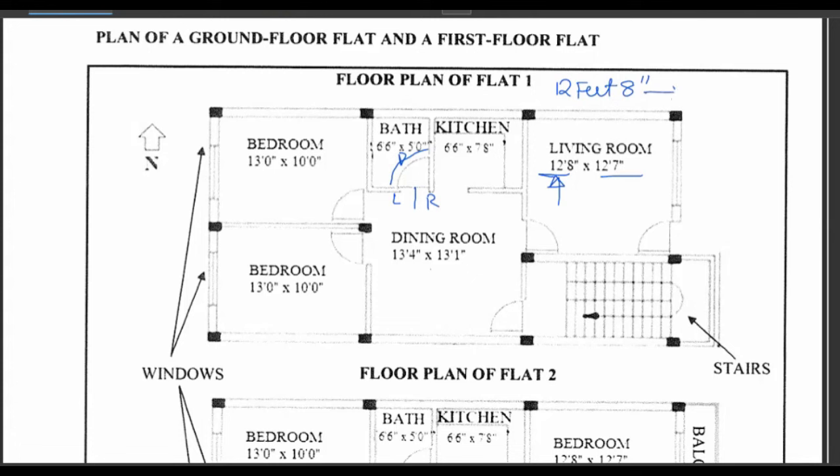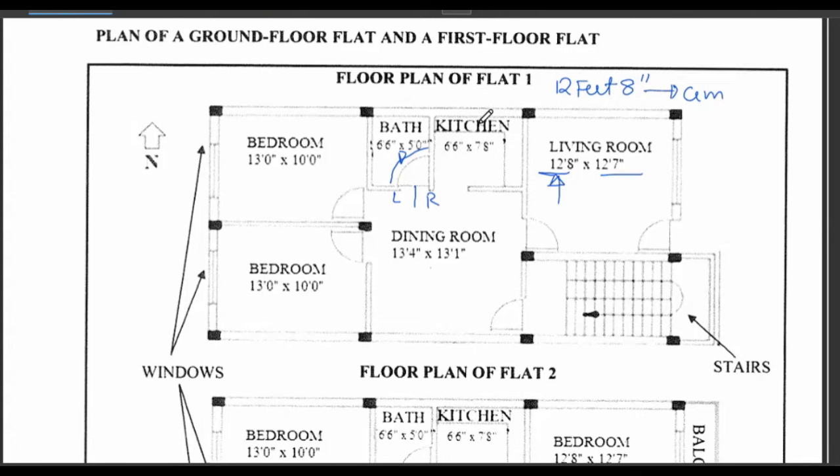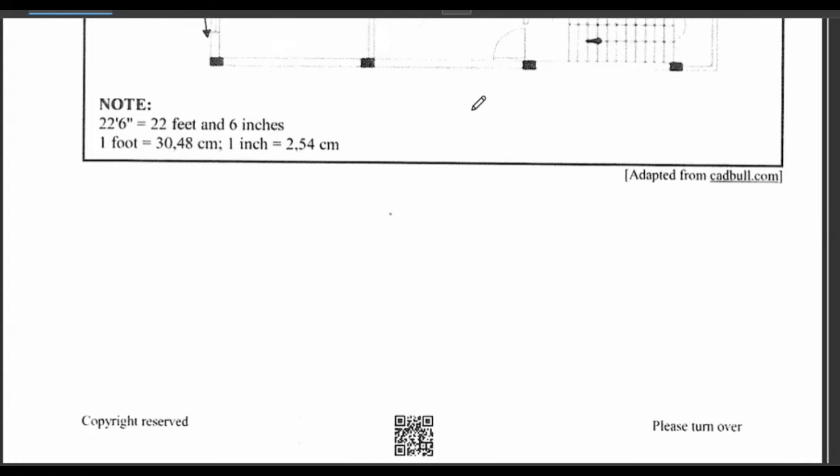We have to change everything to centimeters. First, we change this part here. We have 12 feet, and we have to change them to centimeters. Also, the 8 inches have to change to centimeters.